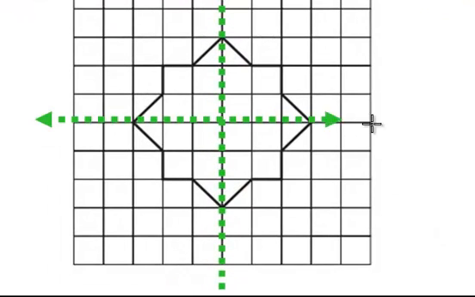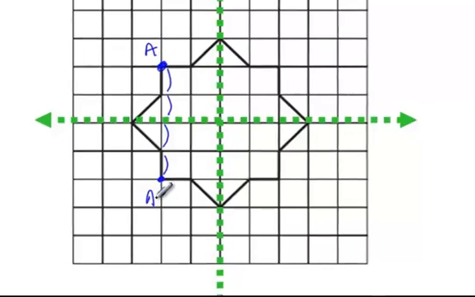We could also do the same thing in this direction with a horizontal line. This point, for instance, let me use another color to denote this. If we called this A, it's a distance of 1, 2 away from the mirror line. So A prime would be again 1, 2 away from the mirror line.